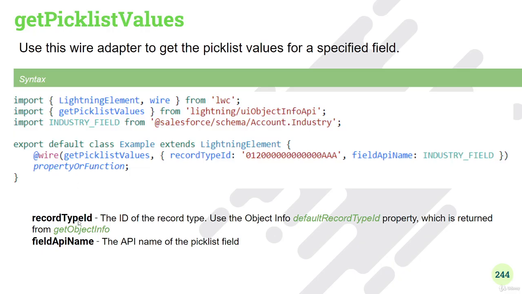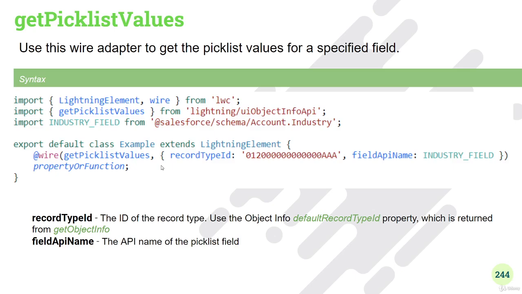As a note, the record type ID is the ID of the record type, and we can use the objectInfo defaultRecordTypeId property, which is returned from getObjectInfo. We have already seen how the getObjectInfo wire adapter works. That adapter returns the default record type ID, and we're going to pass that to the getPicklistValues wire adapter, and then we'll get the picklist of a specified field.